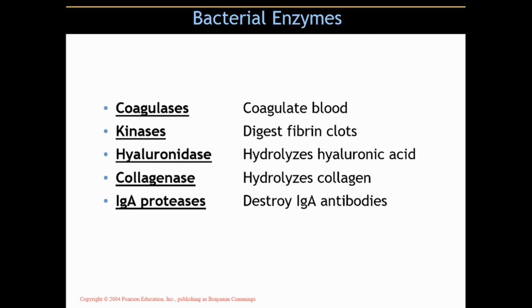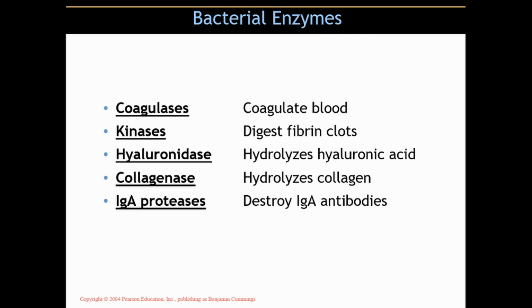Collagenase hydrolyzes collagen, so it's doing the same thing as hyaluronidase in the connective tissue, breaking down these proteins and utilizing their constituents for themselves and getting energy from that.